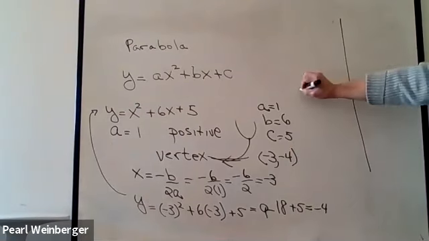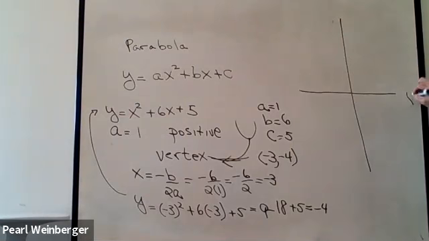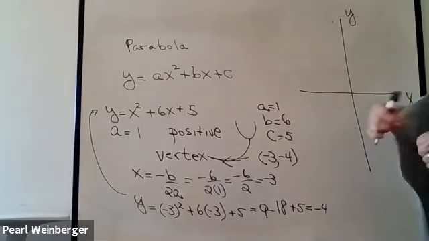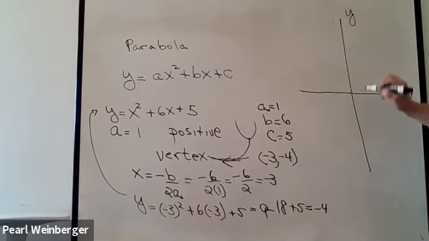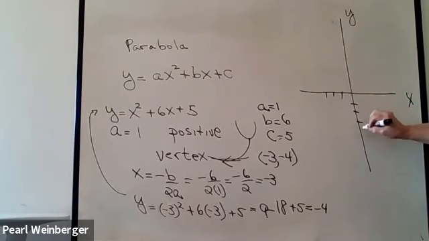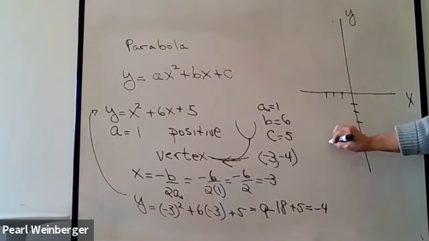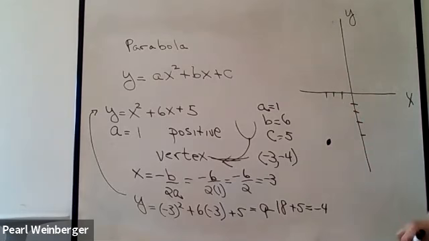Here's what that parabola is going to look like, approximately. Remember, I'm only doing sketches. I'm not doing major graphs. This is just a sketch. I go to the point (-3, -4), which is right here. That's my vertex. That's my turning point.